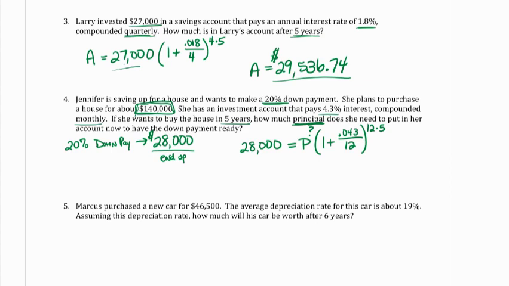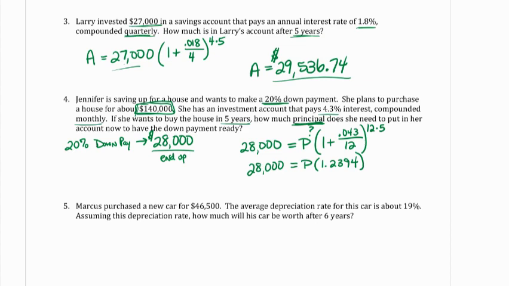I can do my 0.043 divided by 12, add 1, and then raise that to the 12 times 5, or the 60th power. So then we get 28,000 equals P times, and I'm going to give a couple decimal places here, 1.2394.